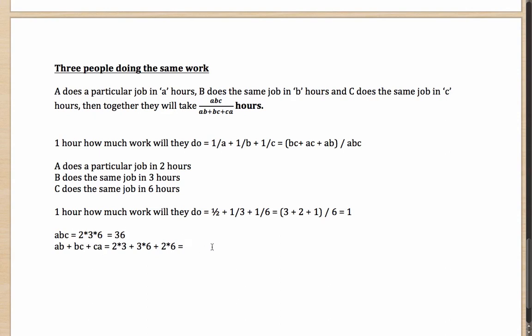And here we have 2 into 3 is 6 plus 3 into 6 is 18 plus 2 into 6 is 12, which is also 36. And as you can see, 36 by 36 is indeed 1. So they will be able to finish the task in 1 hour. As you can see, we got the same answer from calculating it as well as from the formula.